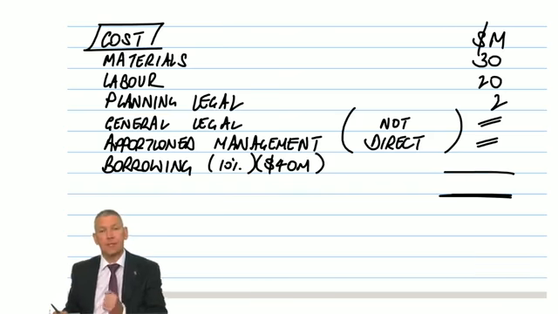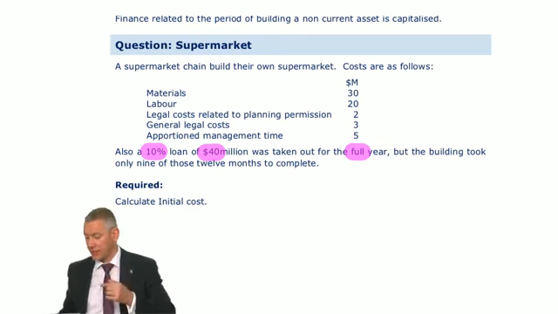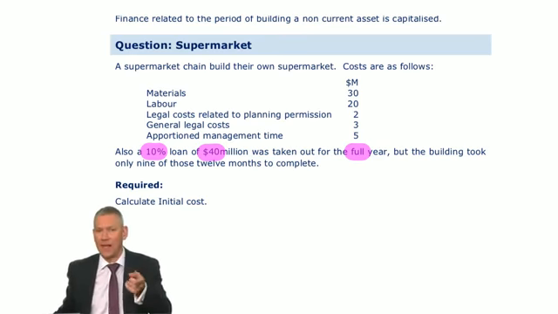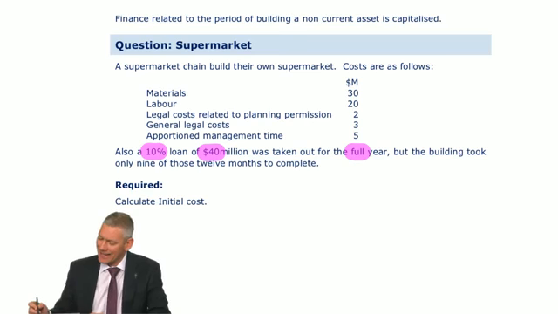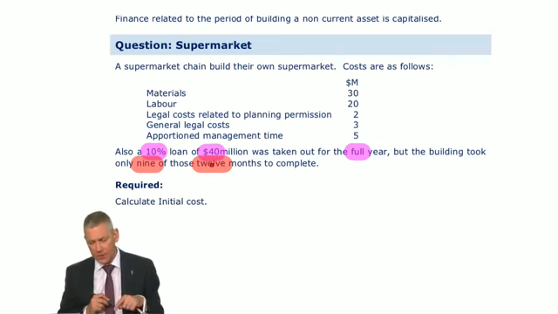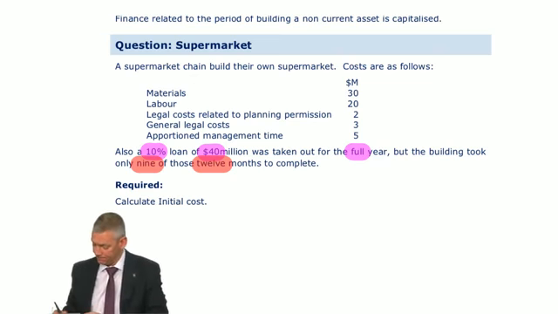But we're not interested in the borrowing cost, we're interested in the borrowing cost that gets capitalised. But the building took only 9 of these 12 months to complete. So the cost that is related to the actual building is only 9/12 of that.